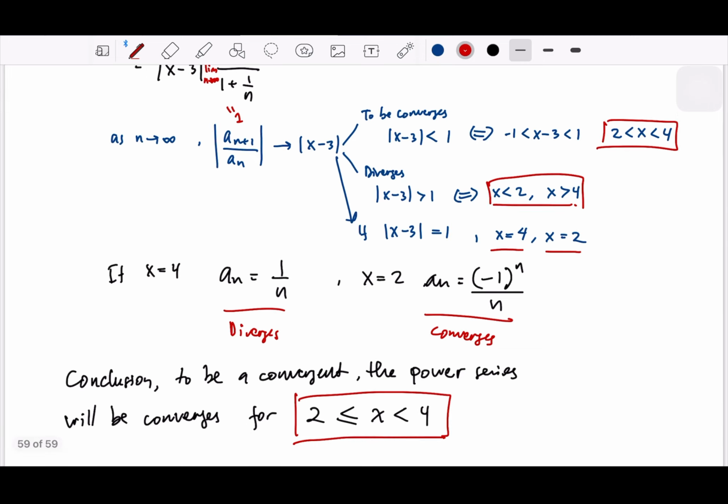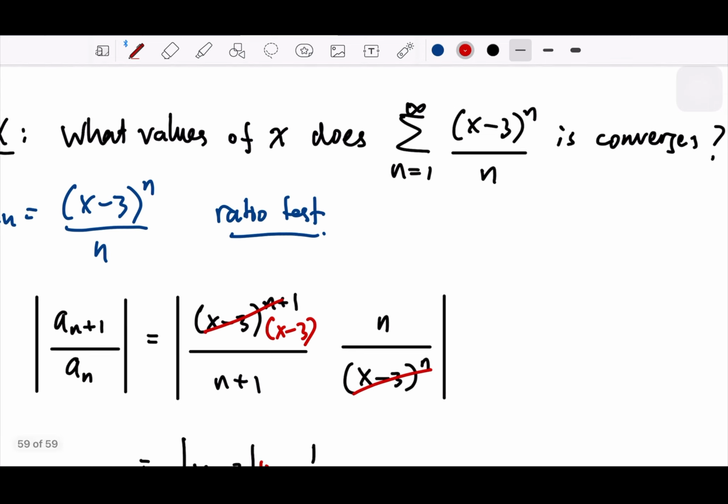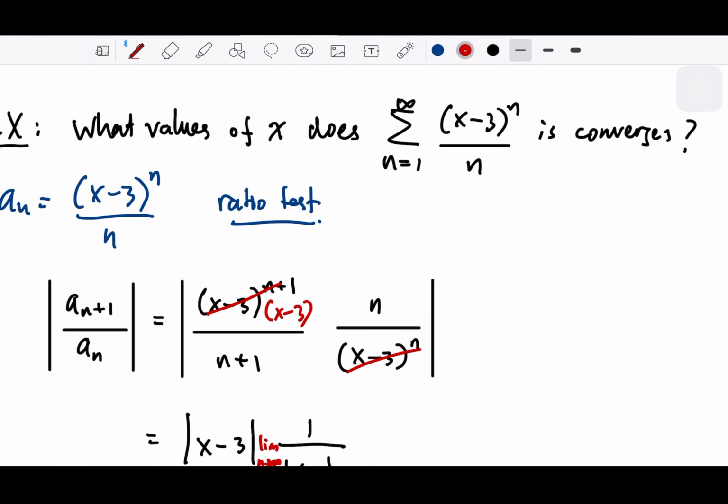Let me just take some time to review from here. Imagine this is not having an x, so we have a number, maybe the alternating series, or some constant, right? If we have those series, then it's just like a usual series.